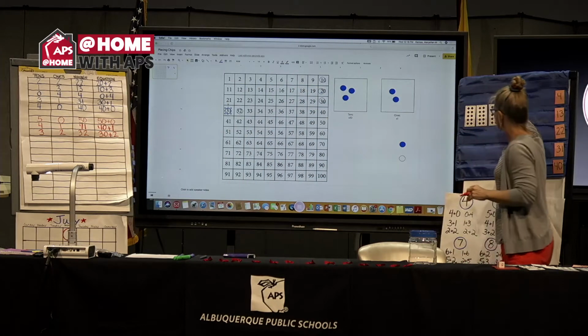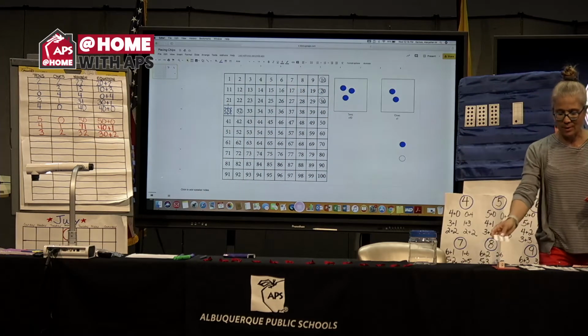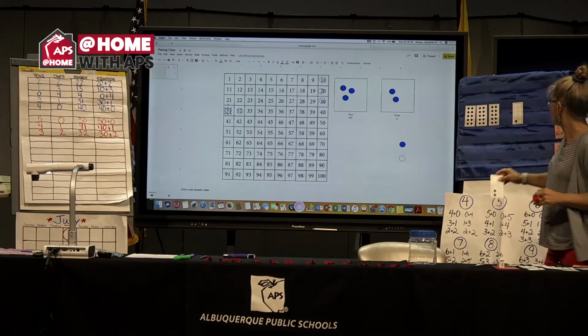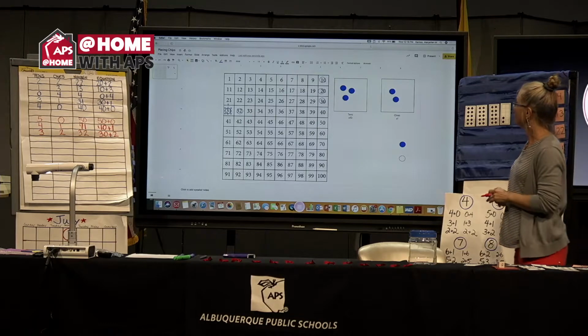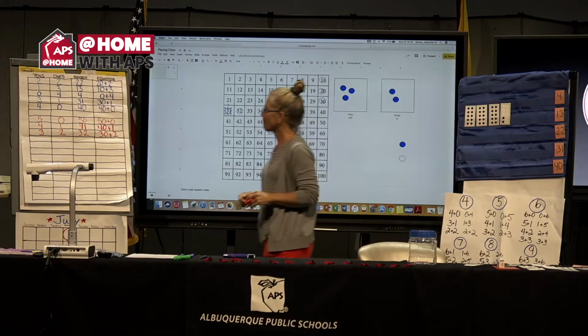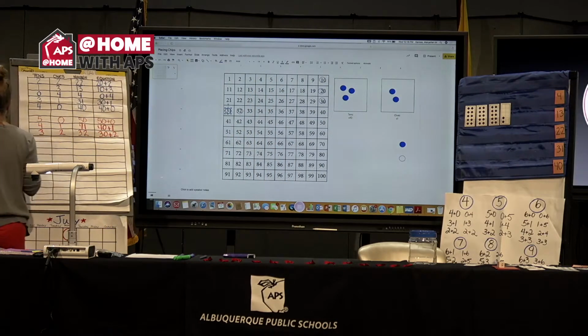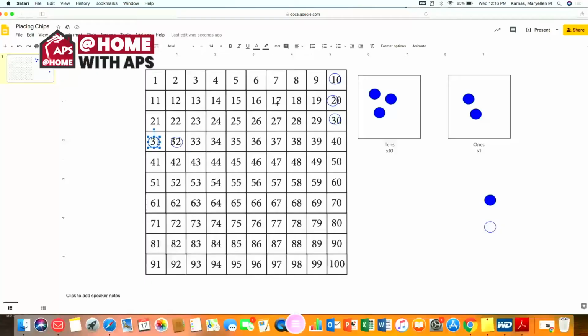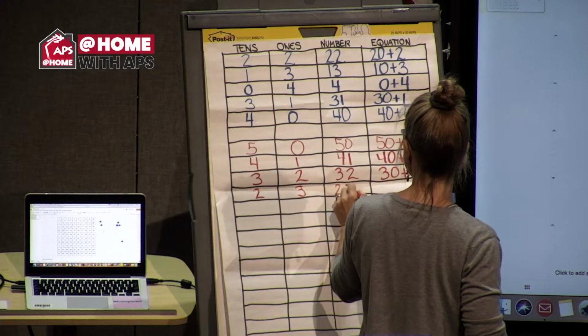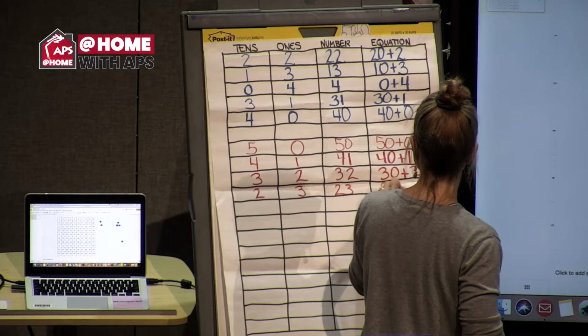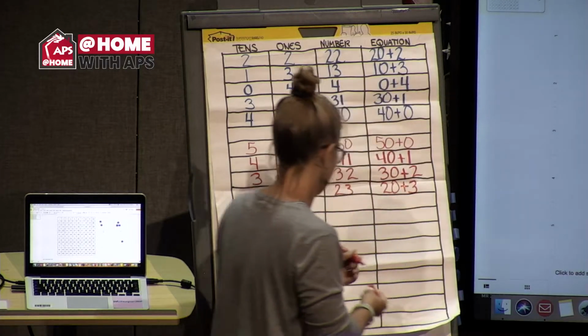Our number is getting smaller because we have to keep taking 10s away, isn't it? 32. What if I move one more? So now I've got 2 10s, 3 1s. It makes 23. We know that because 20 plus 3.